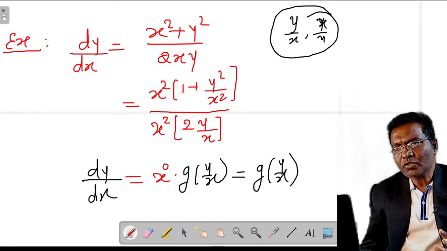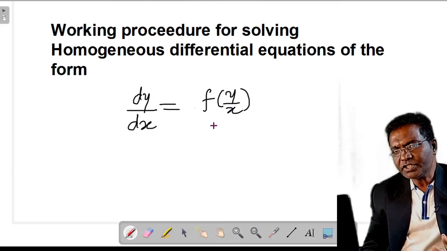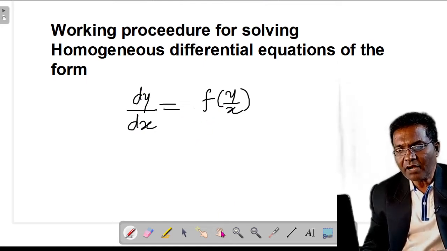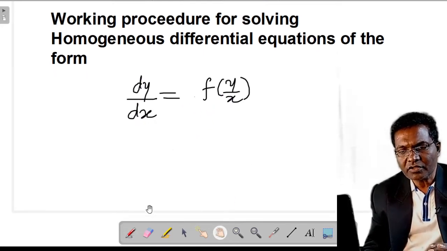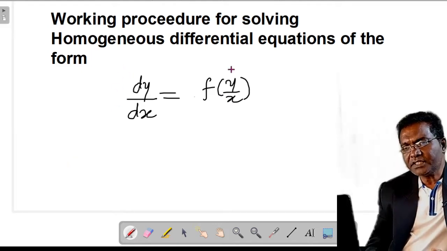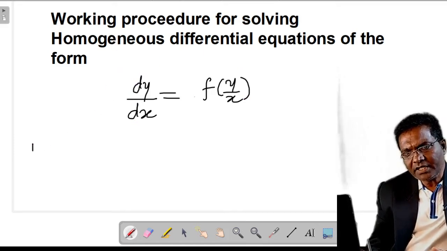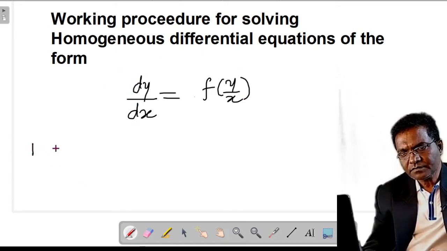Any differential equation which is homogeneous in nature, how can it be solved? You have to follow the working procedure. If the differential equation is expressed in this form, you have to follow these steps.